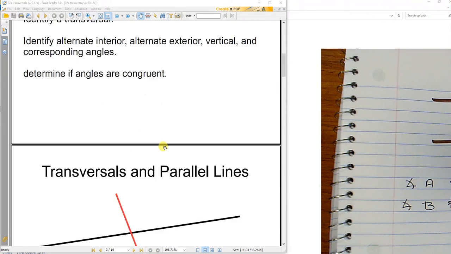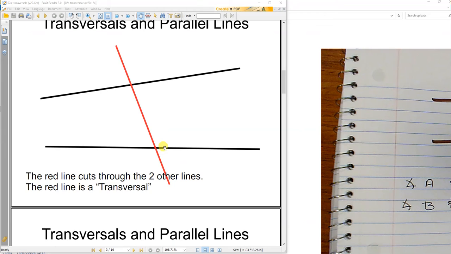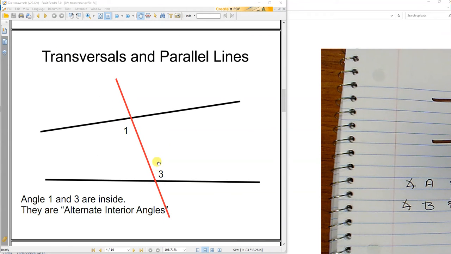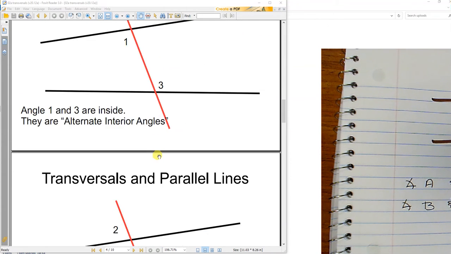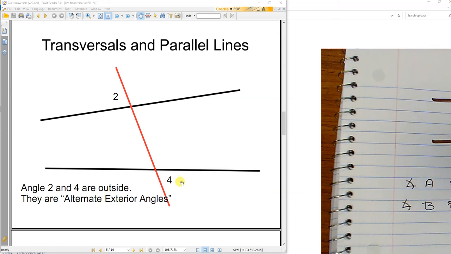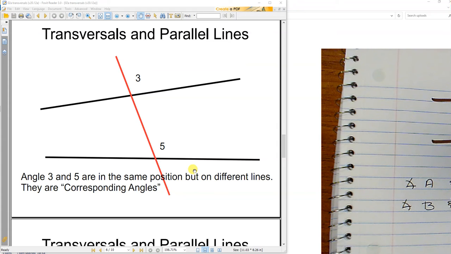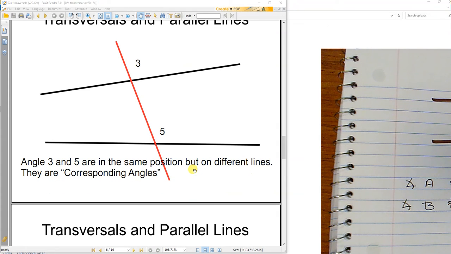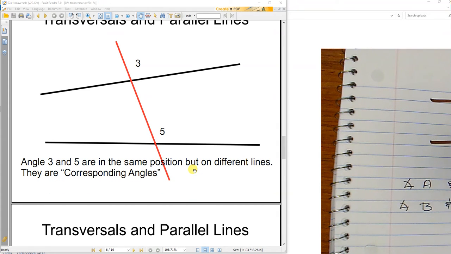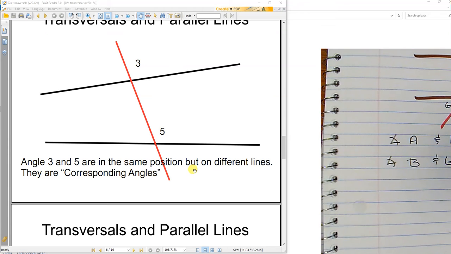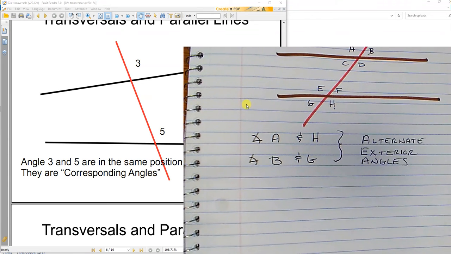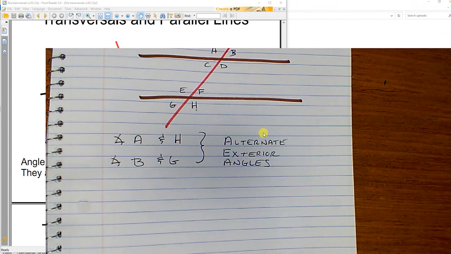So what do we have? We have transversals, we have alternate interiors, we have alternate exteriors, and now we have corresponding angles. Corresponding angles are angles that are in the same location relative to the transversal and the line.